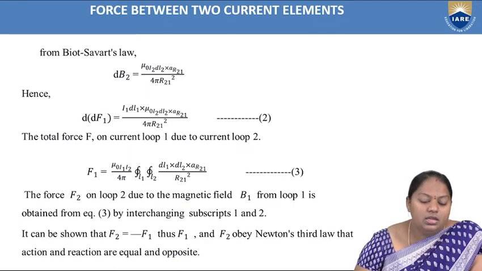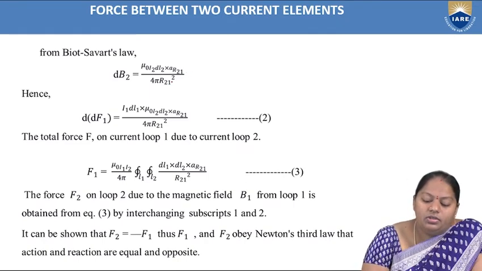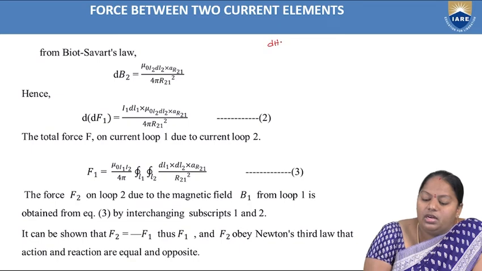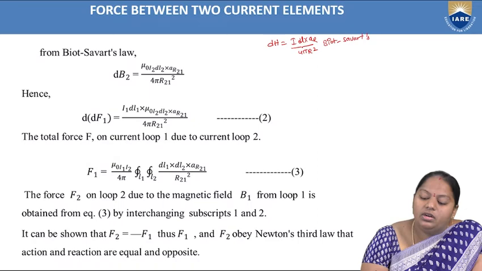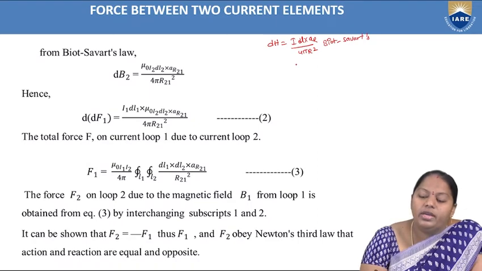Right? So, this is the way we have considered d of dF1 or differentiation for the second current element. So, from the Biot-Savart's law, we know the first relation dH is equal to I dl aR by 4 pi R square. Now, from this, if you want to find dB, then mu naught into I dl aR by 4 pi R square.